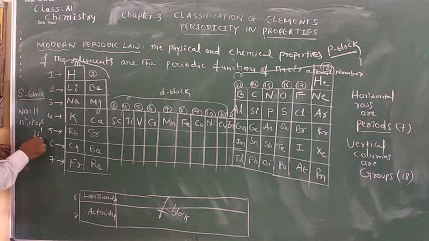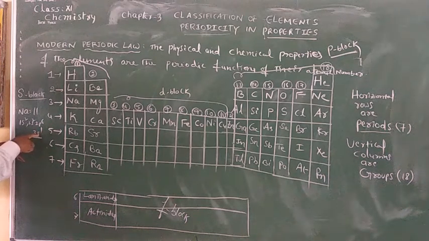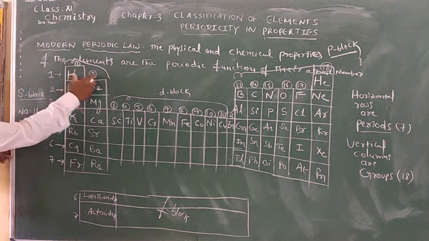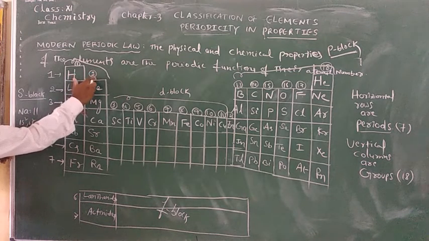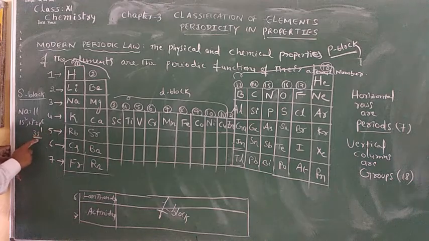This last shell is called the valency shell. In the valency shell, the last electron is present in the third shell, in the S subshell. That means the last electron belongs to the S orbital. So sodium belongs to the S block.